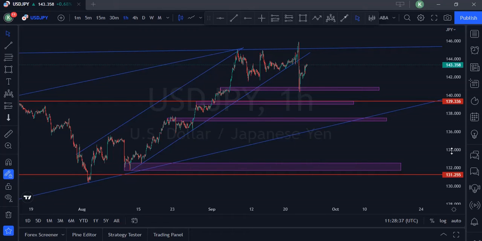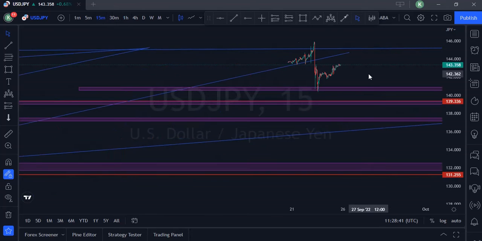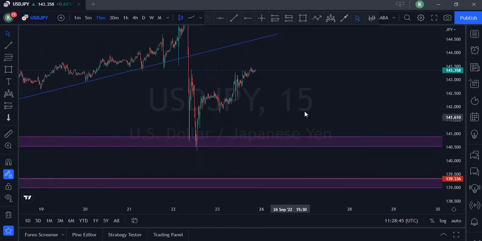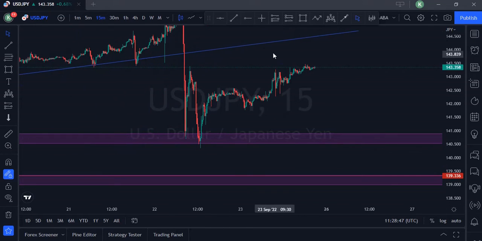So now let's go for confirmation. How do you find confirmation on an entry? Let's go to M15. So we can ignore that we have a small yellow trend here or here.